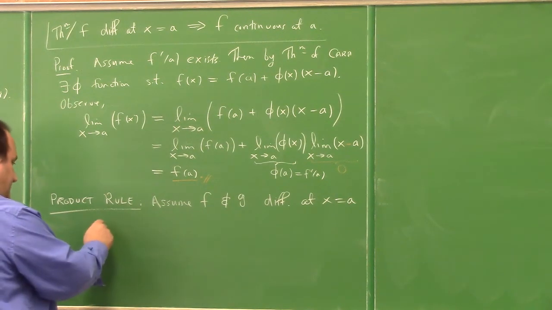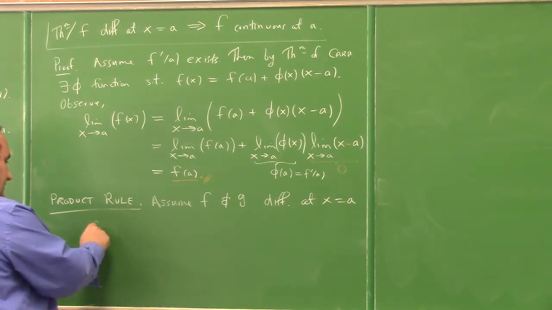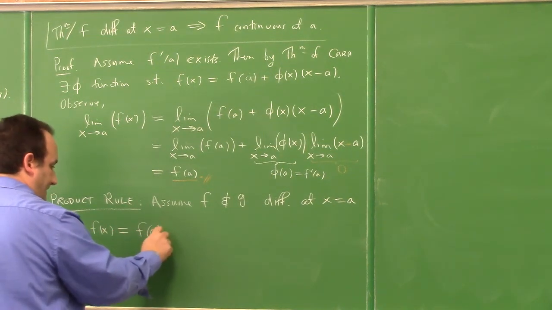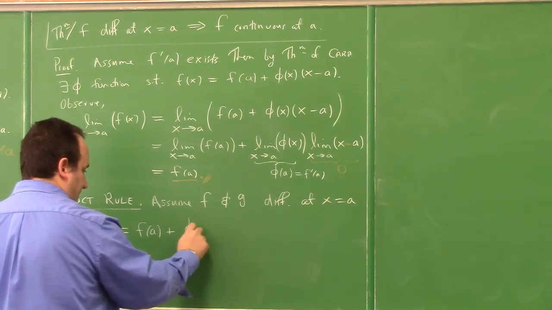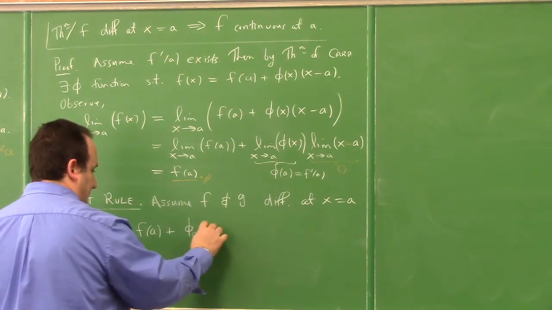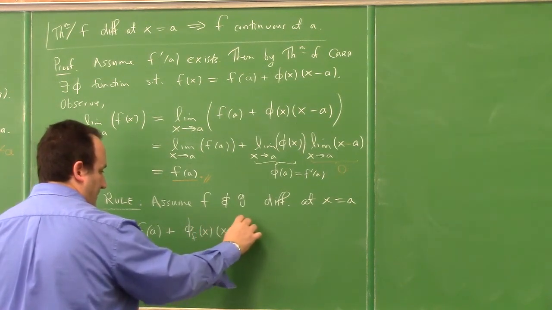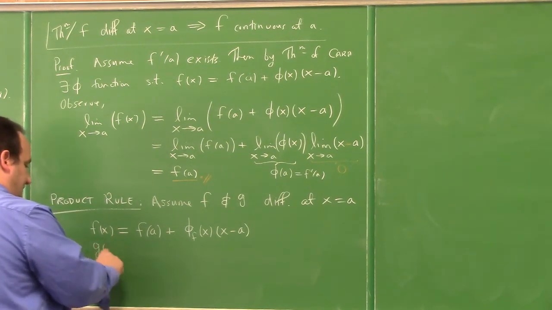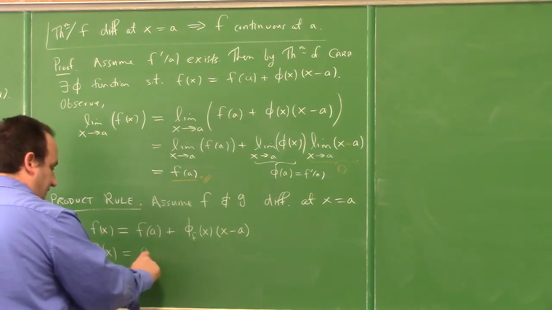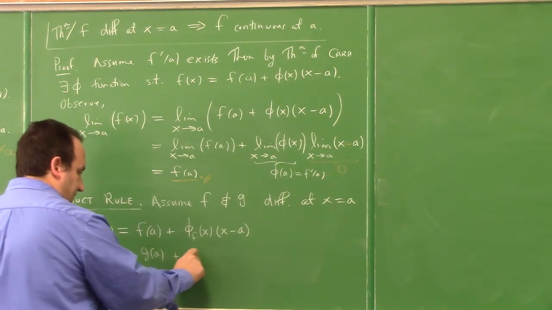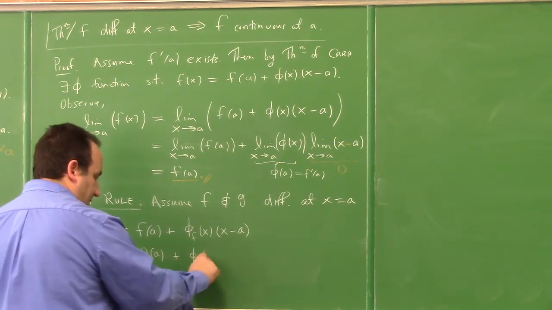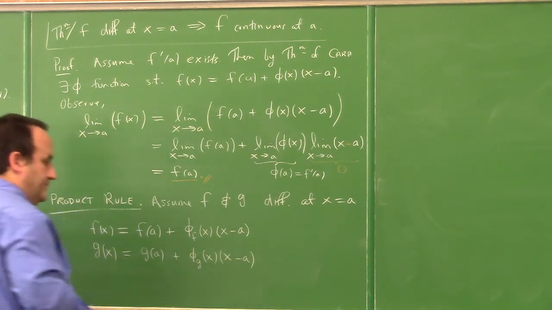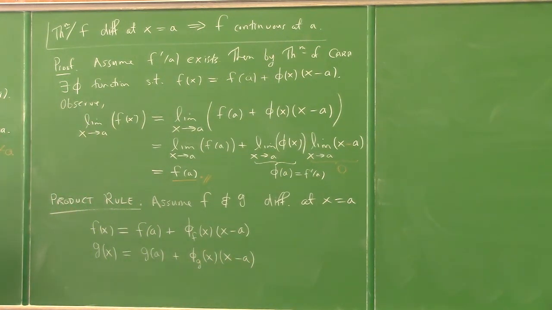That means that f of x is equal to f of a plus some function, let's say phi sub f of x, times x minus a. And it also means that g of x can be written as g of a plus some function phi sub g of x times x minus a, using the theorem of Caratheodory.